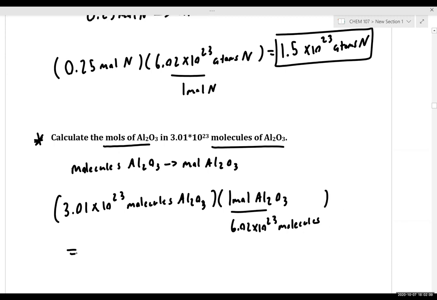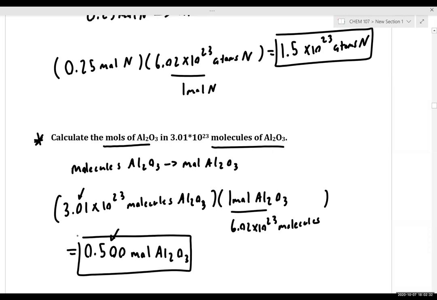And punching that into our calculator, that in turn gives us 0.500 moles of aluminum oxide, because our input has 3 sig figs, our output needs 3 sig figs.